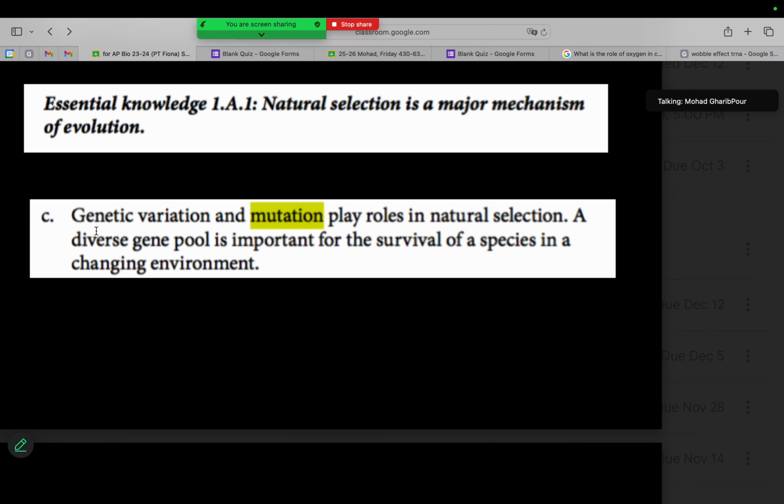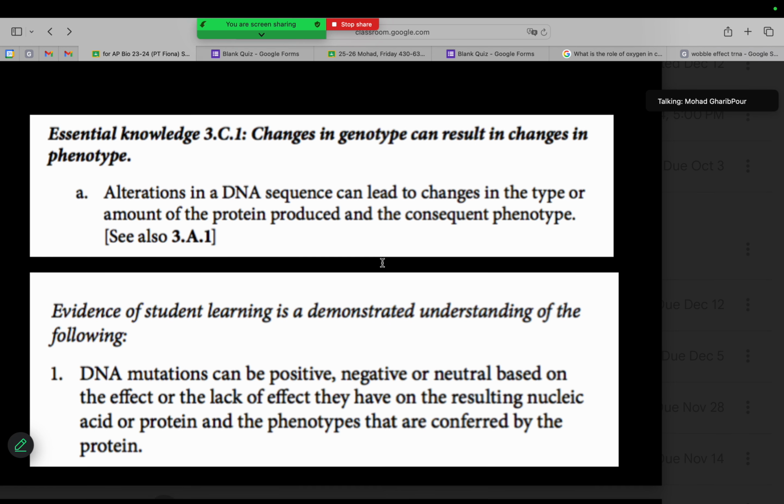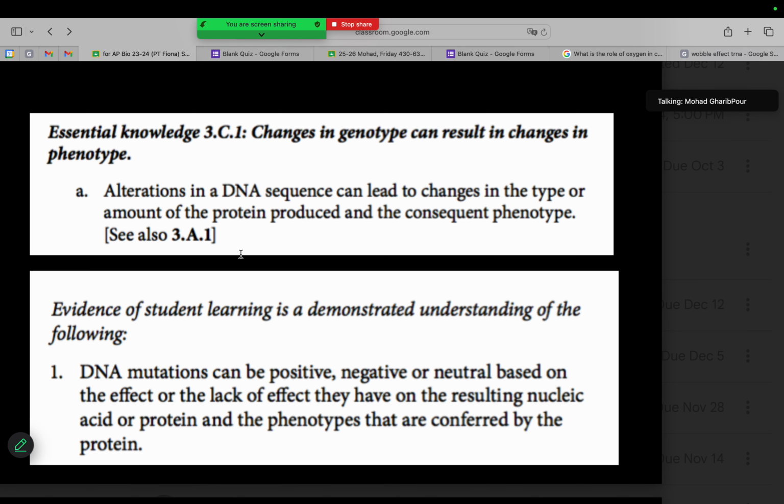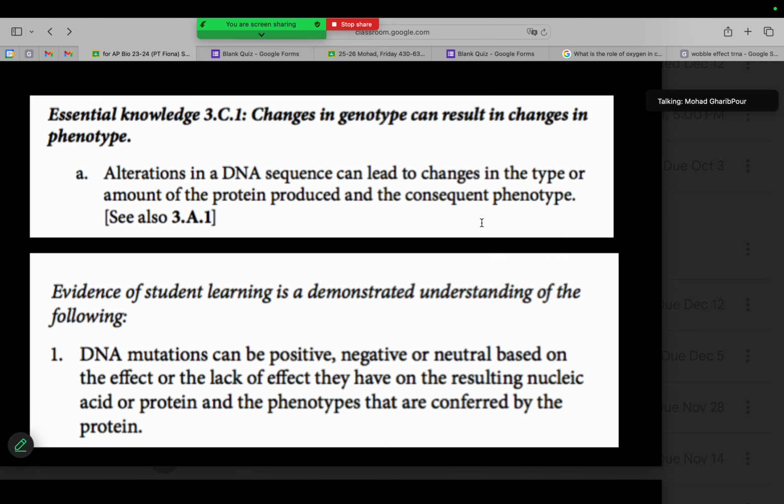So, mutations. Genetic variation and mutation play roles in natural selection. A diverse gene pool is important for the survival of a species in a changing environment. Alterations in a DNA sequence can lead to changes in the type or amount of the protein produced and the consequent phenotype.